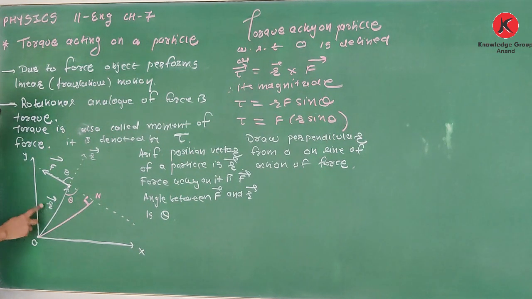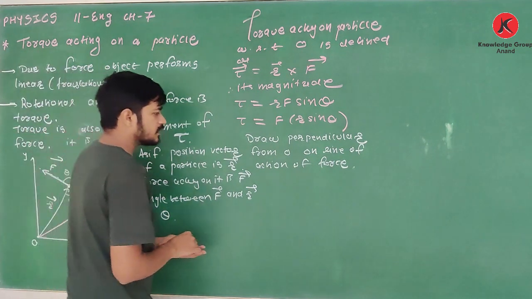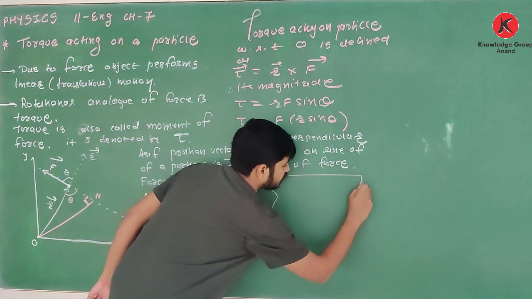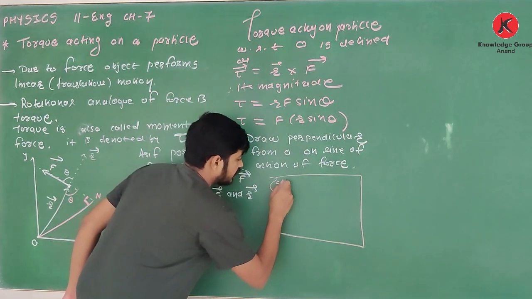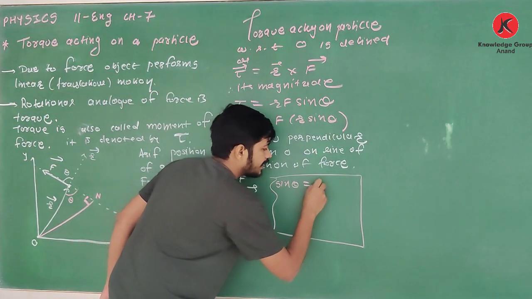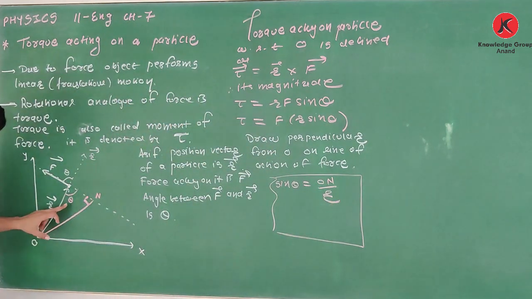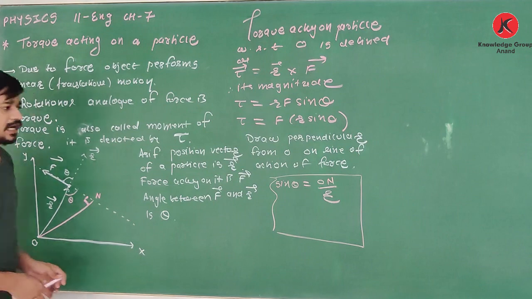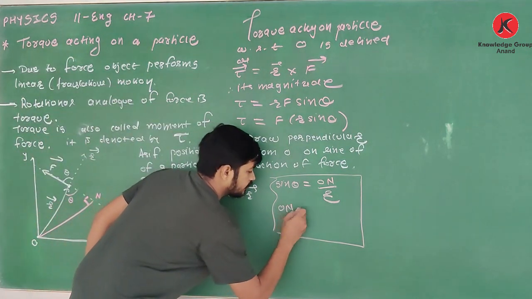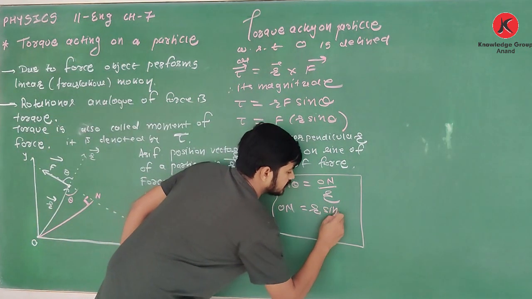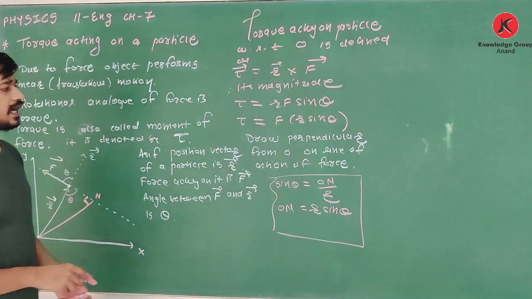So with the opposite side and hypotenuse, which trigonometric function do you have to use? You have to use sine theta. Sine theta is equal to ON upon r. So ON is equal to r sine theta.